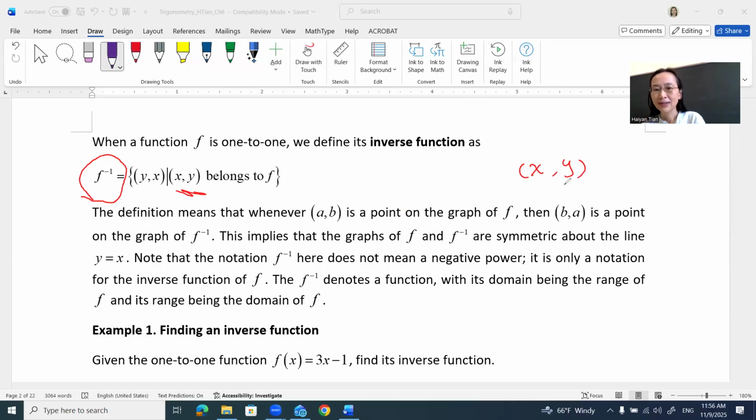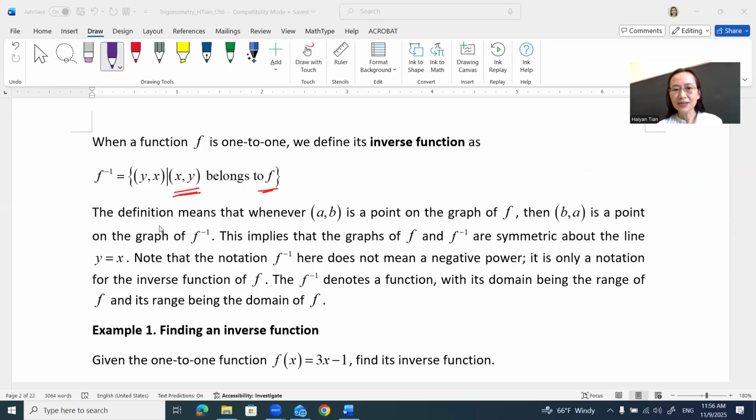If the point (x, y) belongs to f, that means this x is a possible input for f, and this y is the value at x. So this pair must be a point on the graph of f.